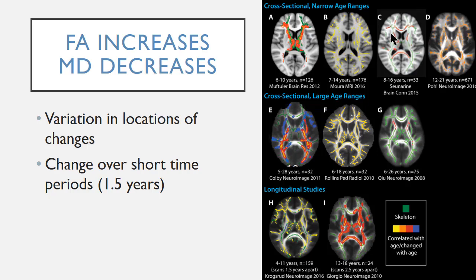Other studies find slightly more limited areas of correlations or change, often in the internal capsule, actually. So quite a bit of variation across studies in terms of where they're finding differences. And the longitudinal studies are quite sensitive and were able to show changes over very short time periods, as short as 1.5 years. The longitudinal studies are sensitive to FA changes within the brain.